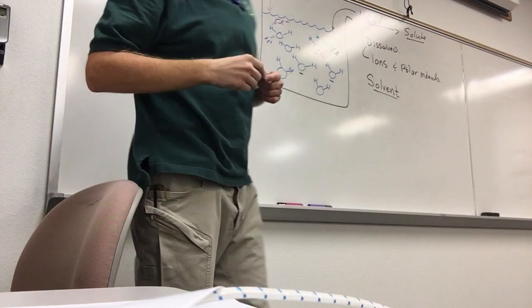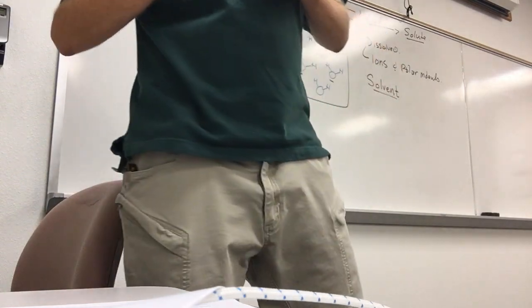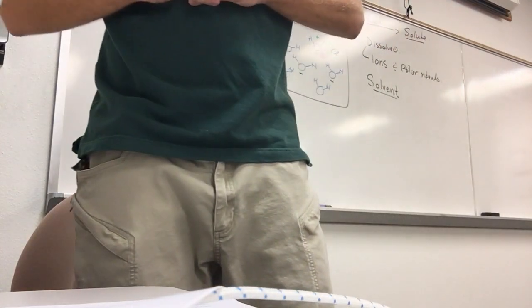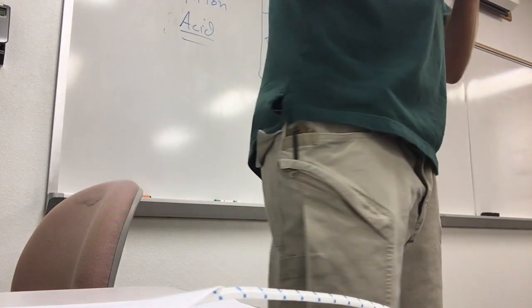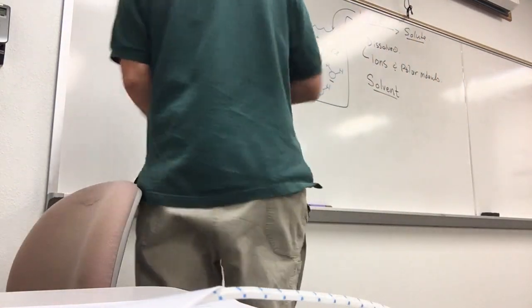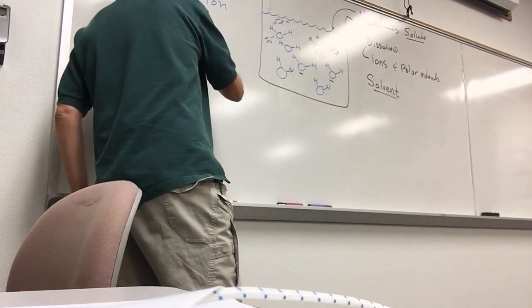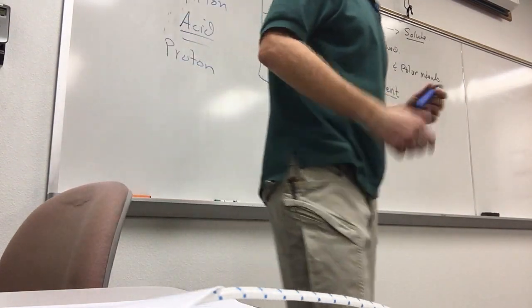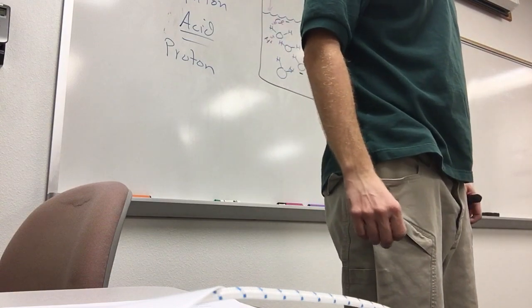An acid, for our purposes, okay, this is known as the Bronsted-Lowry definition. There are other definitions, but for now this will work. Any substance that donates hydrogen ions or protons. What is the difference between a proton and a hydrogen ion? Nothing, right?